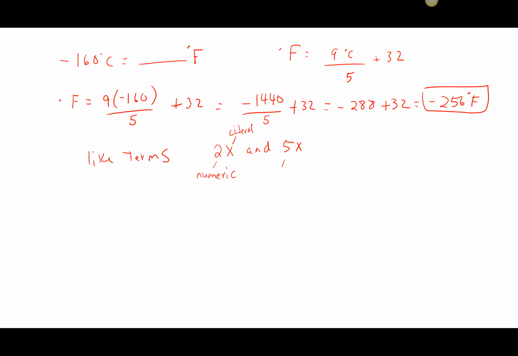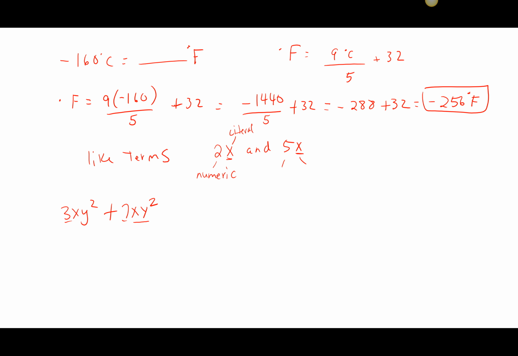Same thing here, numeric and literal. And if you notice, they're the same. For some more examples, 3xy squared plus 7xy squared are like terms. Their literal part is xy squared, and their numeric parts are 3 and 7.